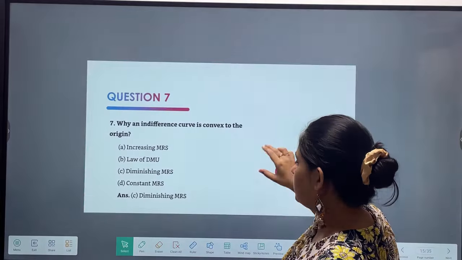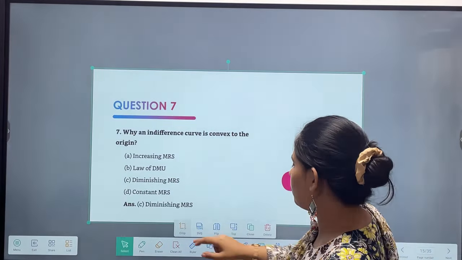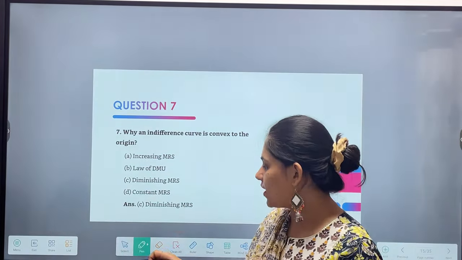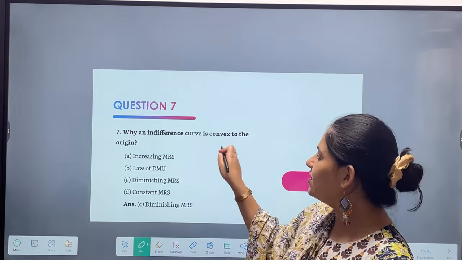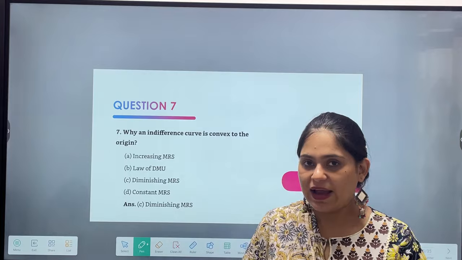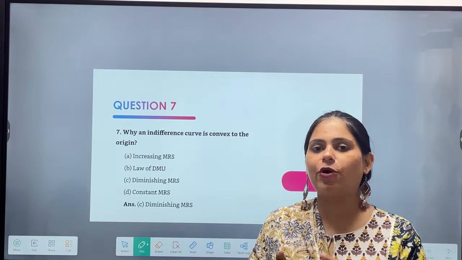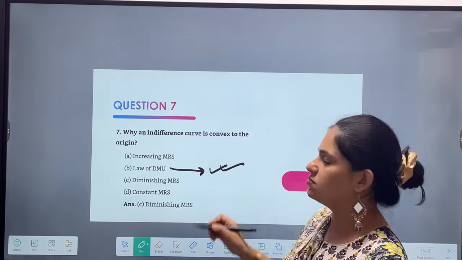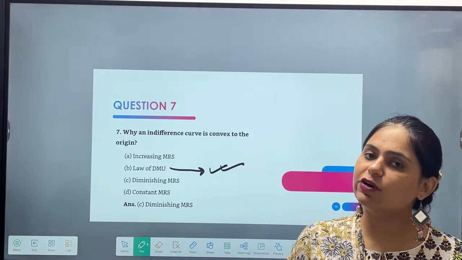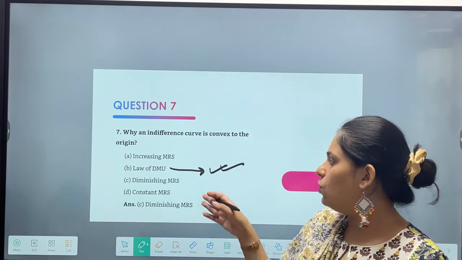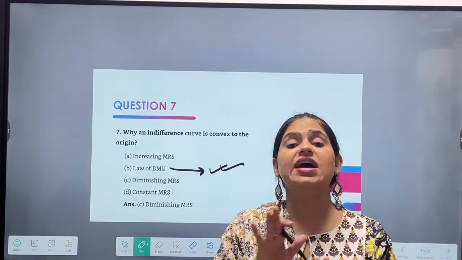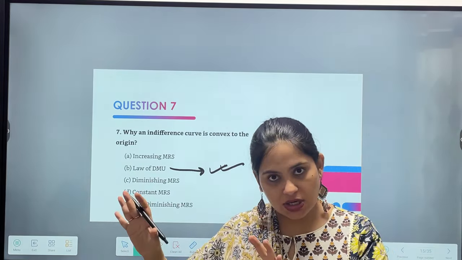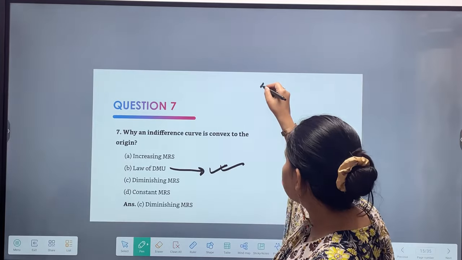Okay, the next question. We have gone ahead and given the answer, but still try and do this. Why is an indifference curve convex to the origin? And let me tell you a very important point. Many students would have marked B. It's an easy question, but many would have done it wrong. Many would have marked law of diminishing marginal utility. It is absolutely wrong. The law of diminishing marginal utility only says that my marginal utility diminishes.